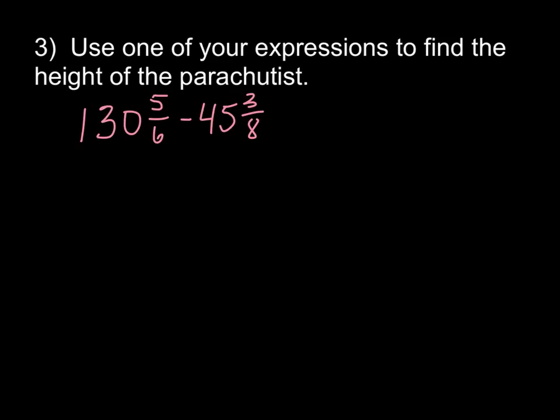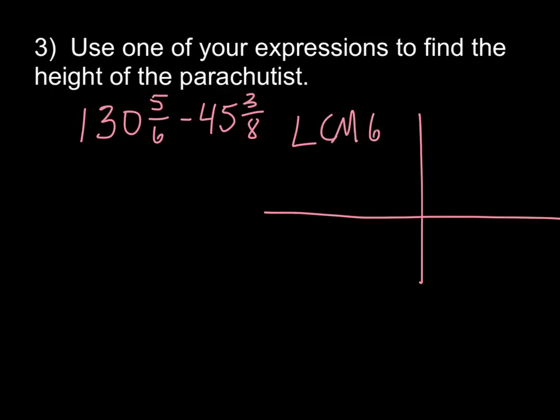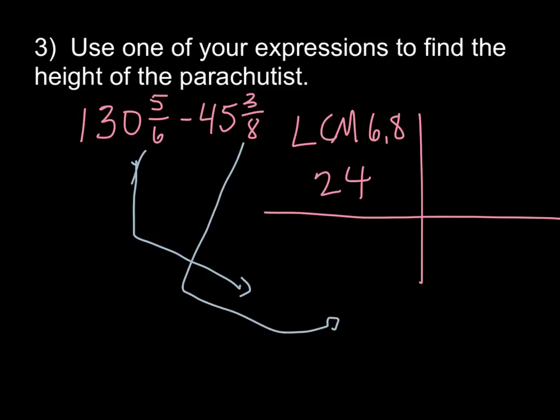The first thing we want to do is analyze those fractions to see if it's just a simple subtraction problem or if we have to do some borrowing. First we need to find the least common multiple or least common denominator of 6 and 8. We should know that's 24. That means we're going to be changing both of those fractions to some number over 24.